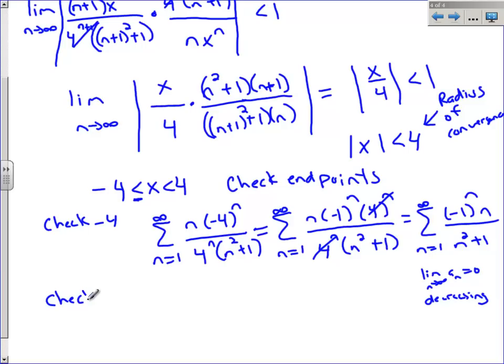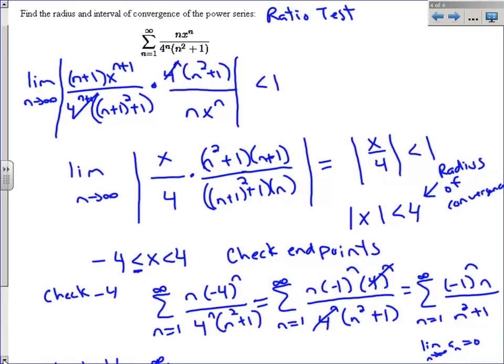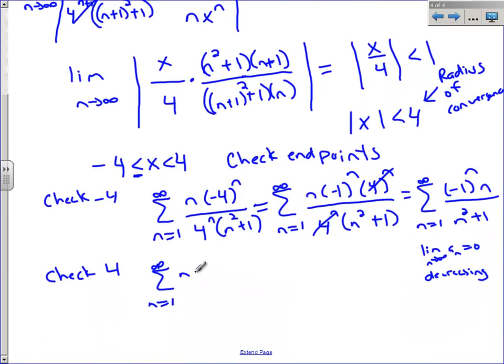Now let's check 4. If I plug in 4 for x, I got it up here, n times 4 to the n over 4 to the n times n squared plus 1. My 4 to the n's would cancel, and I would get a series that's not alternating.